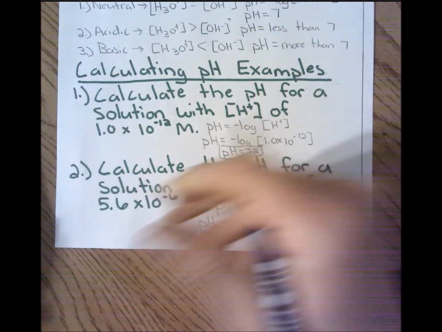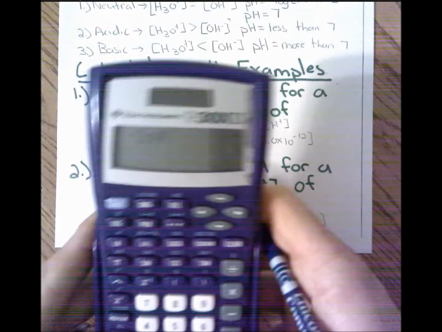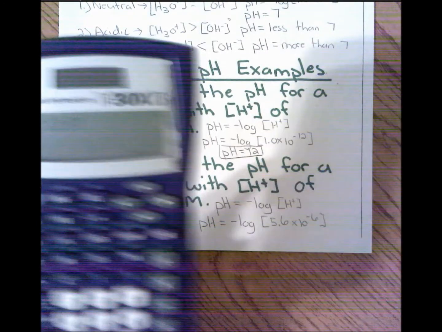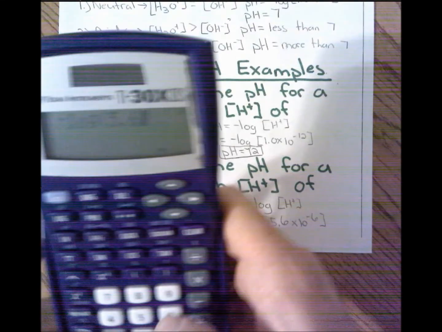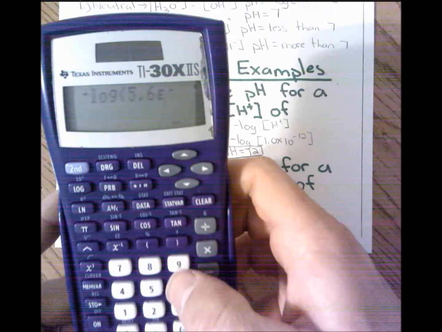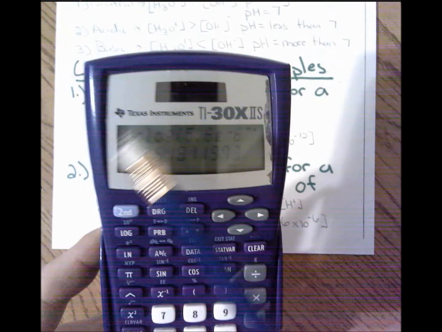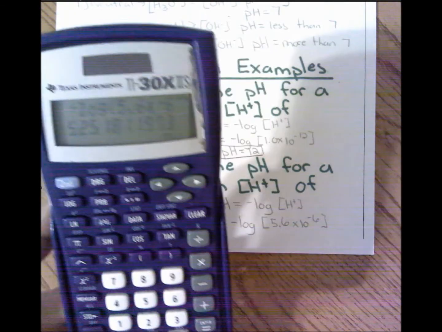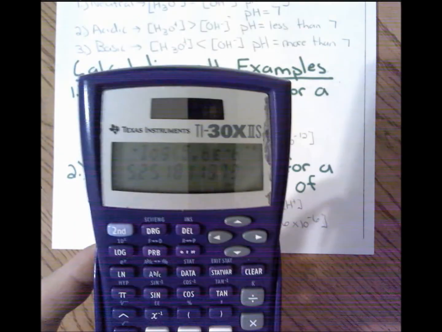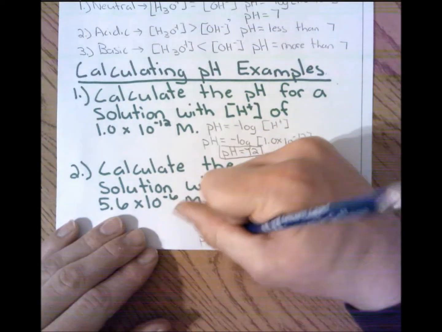Again, all I need to do is plug that into my calculator. So negative log of the concentration of 5.6 times 10 to the negative 6. I press enter, and I'm going to round to 2 total digits. So I'm going to round to, in this case, 5.3. So our pH of this solution equals 5.3.